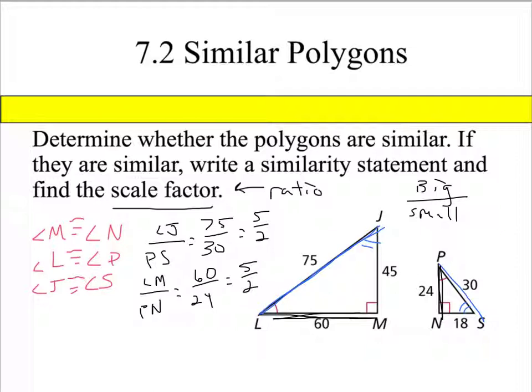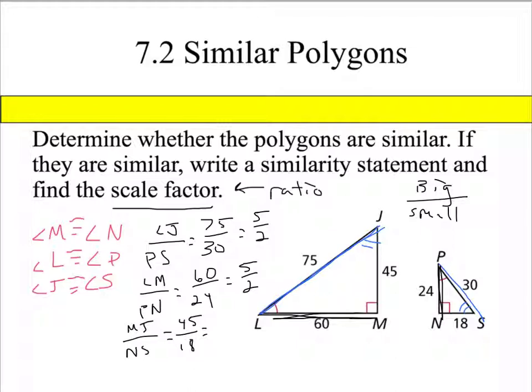So are they similar so far? Absolutely. But now we have to figure out if that last segment makes them similar. Okay, so now we look at this, and we are looking for MJ over NS, and we're going to set that equal to 45 over 18.